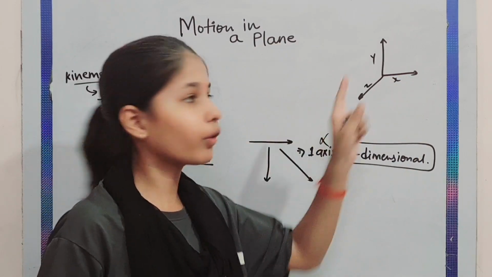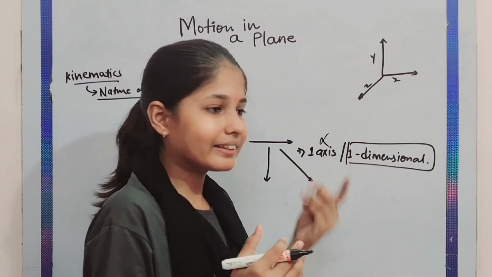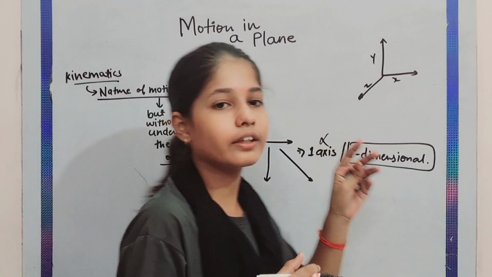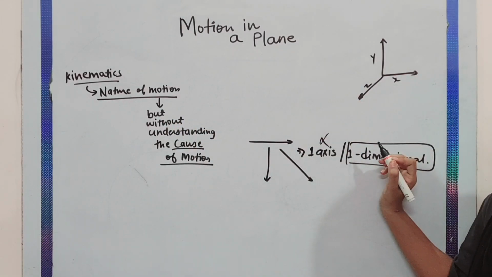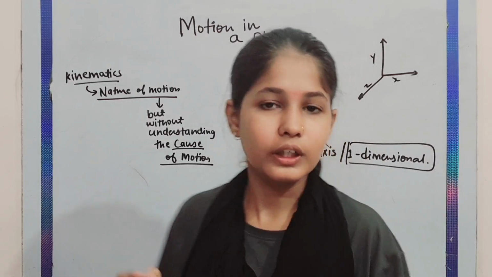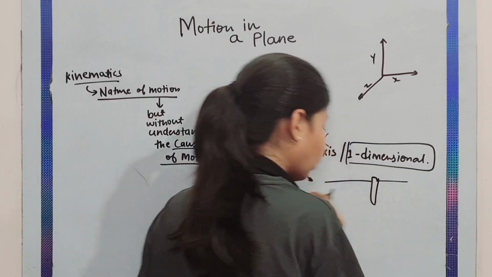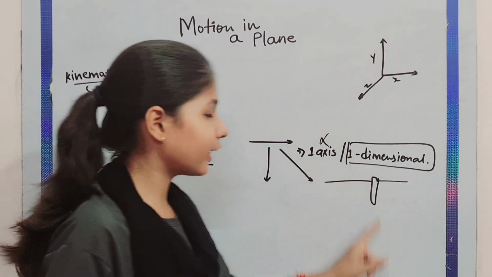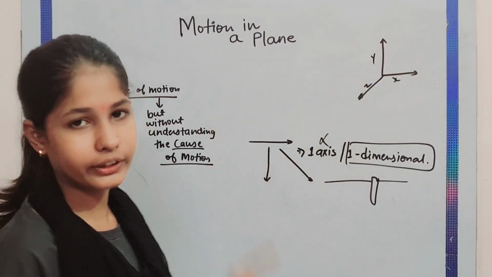If you want to see this three-dimensional coordinate system in your real life, you can see it simply on the corners of walls, where two opposite side walls are coming and joining. When they are joining, they make these dimensions, x-axis, y-axis and z-axis.